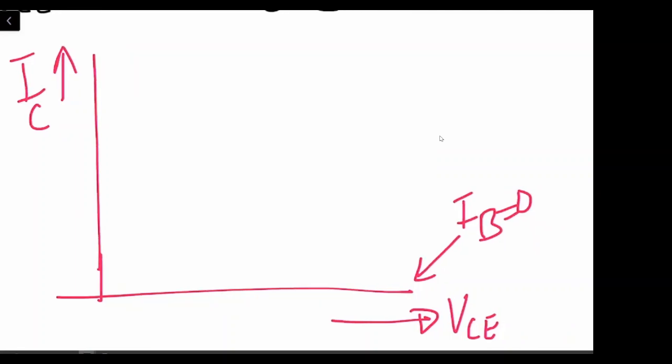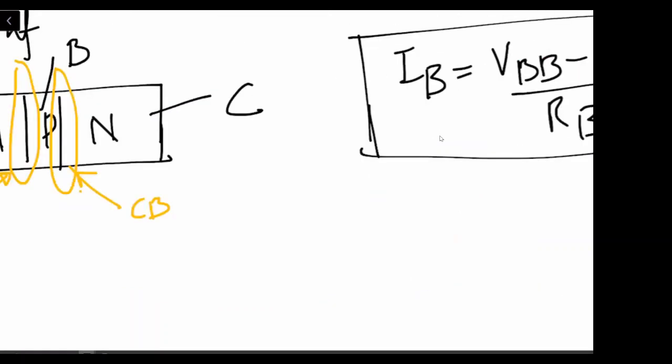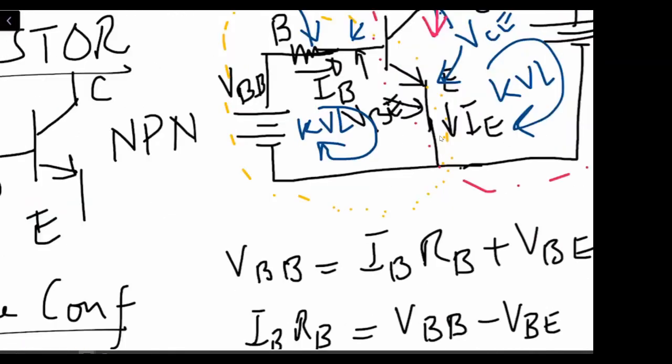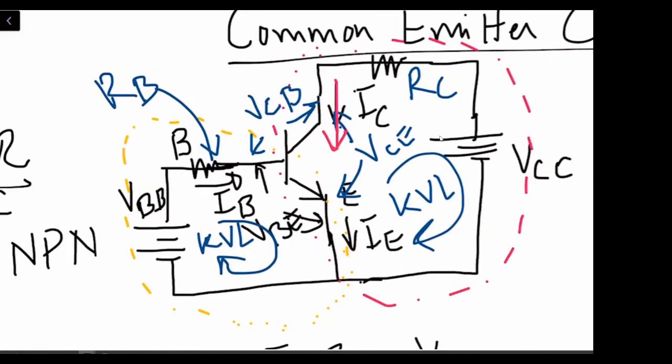If we say IB is equal to 0, now what will happen? And what does this mean? If you see, on the VCC line, okay, so when IB is equal to 0, if we go back to the circuit, how can IB be equal to 0?